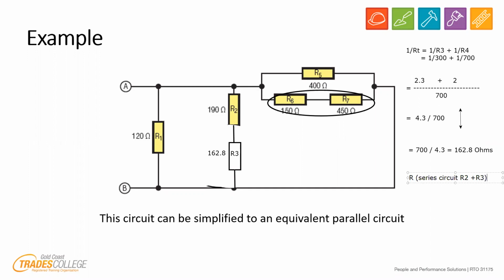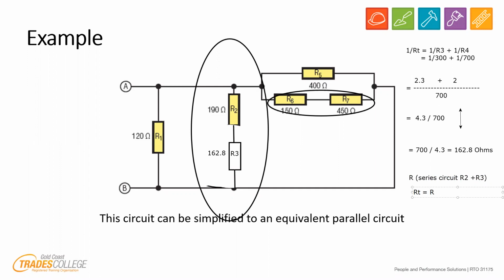You can see that those two there, which if I draw a circle around them, are now a series circuit. So let's simplify that. We've got RT for this part equals, I could even call it R2 because R2 is going to disappear, but I'll call it RT for now.